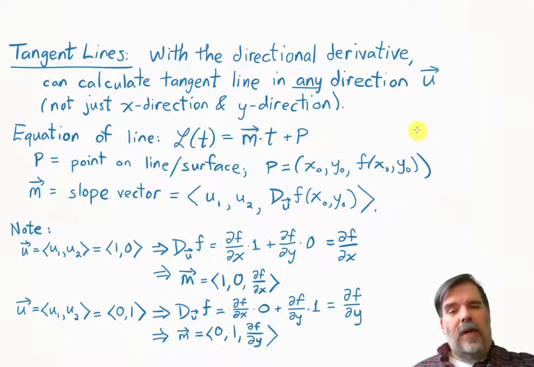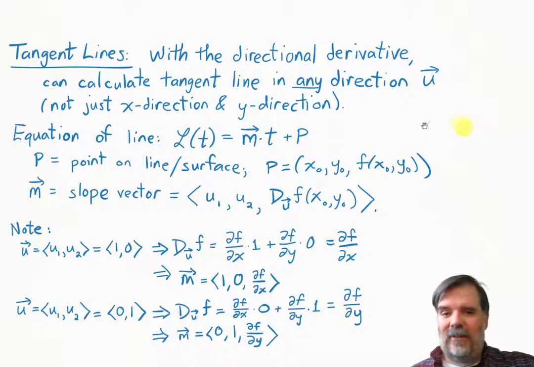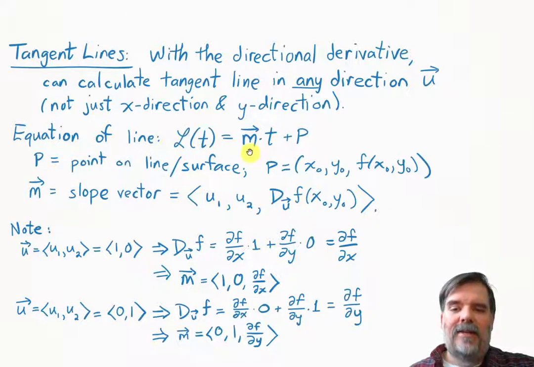Now that we have the directional derivative in any direction, we can also calculate the equation of a tangent line in any direction. Before, we just knew partial derivatives, and that meant we could only calculate tangent lines in those two directions, the x-axis and the y-axis. But now we can get all the tangent lines. So, as always, remember the parametric equation of a line is L(t) equals the slope vector m times t plus a point p on that line.